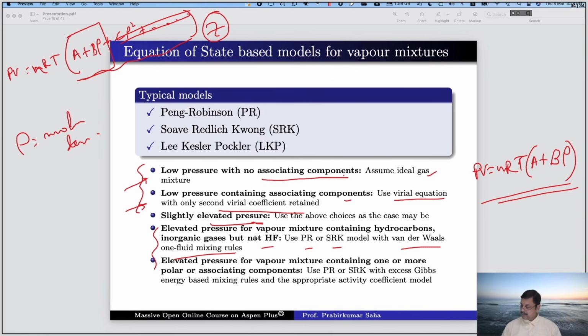But if you have vapor mixture containing one or more polar or associating components, then you have to use Peng-Robinson or Redlich-Kwong-Soave model with excess Gibbs energy based mixing rule and the appropriate activity coefficient based model.